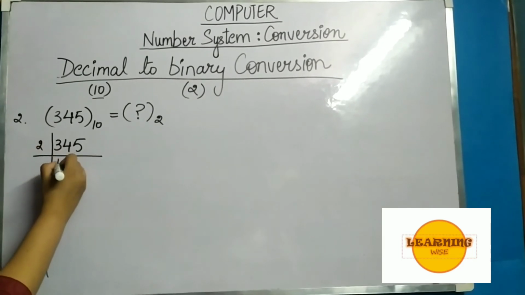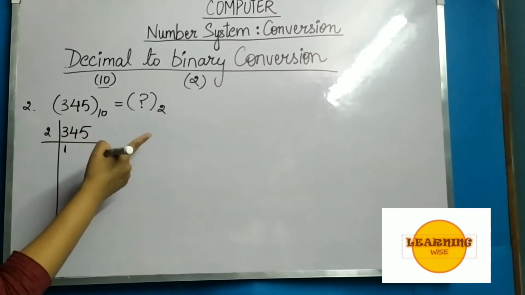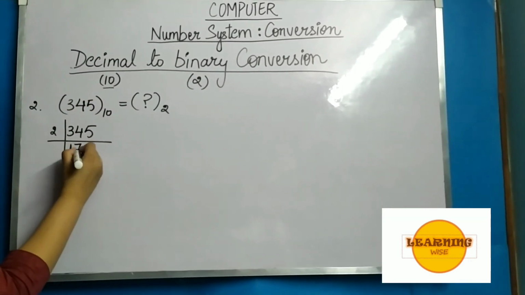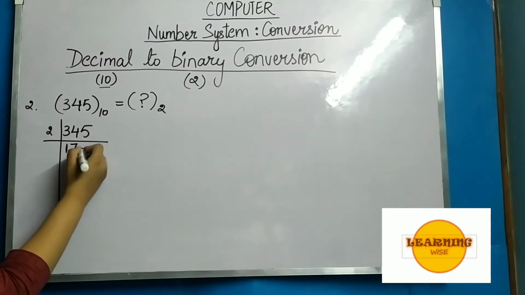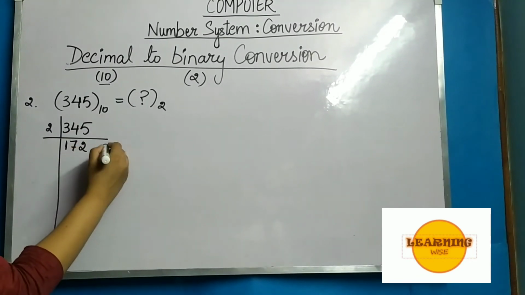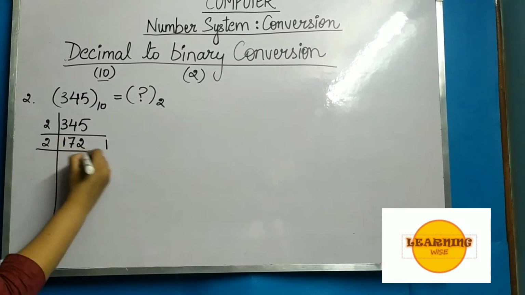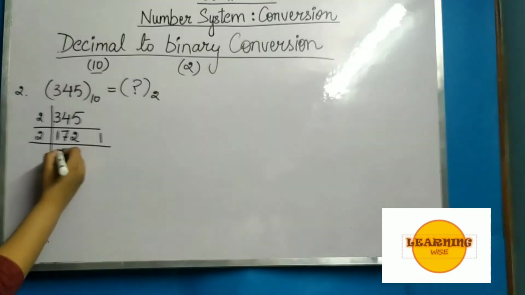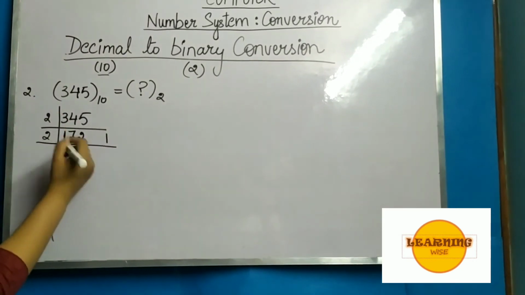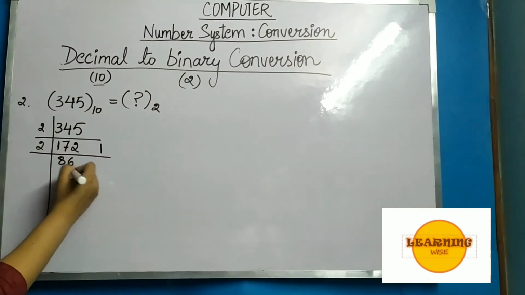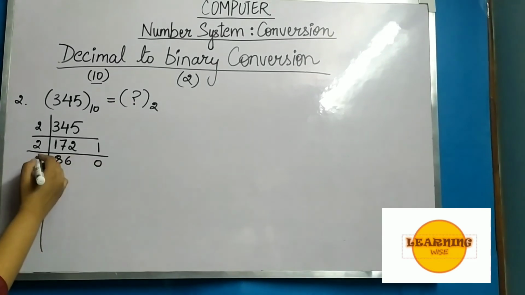So 2 1s are 2, 1 will be left, so 2 7s are 14 and 2 2s are 4. The remainder is going to be 1. Okay, then 2 8s are 16, 1 will be left, so 2 6s are 12 and the remainder is 0.